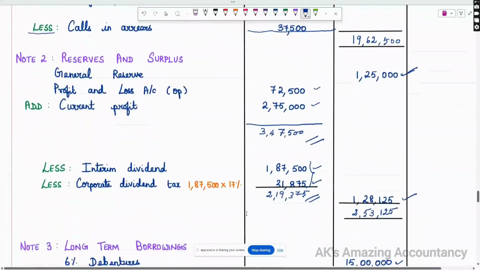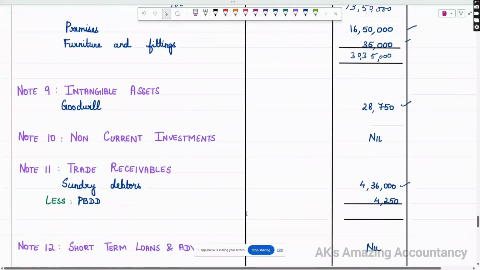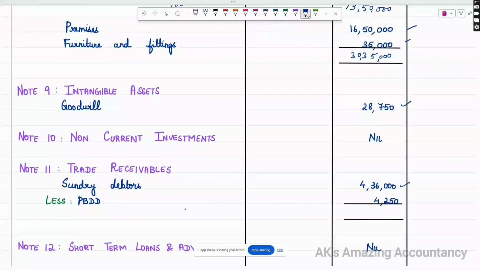So in the balance sheet, from sundry debtors 4,36,000, you will be deducting provision for bad and doubtful debts, that is 4,250.